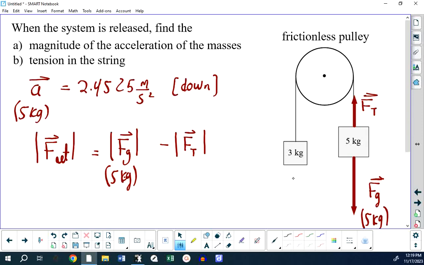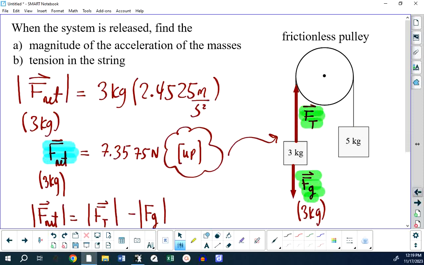So if I just go back and look at what we did with the 3 kilogram mass, our net force, this is highlighted, or it will be highlighted for you at the bottom of the screen, this net force on the 3 kilogram mass, and my computer is lagging a bit, so we'll just give it a second to catch up. The net force is the force of tension minus the force due to gravity on the 3 kilogram mass, because the force of tension has to be greater than the force of gravity, so it will accelerate up.